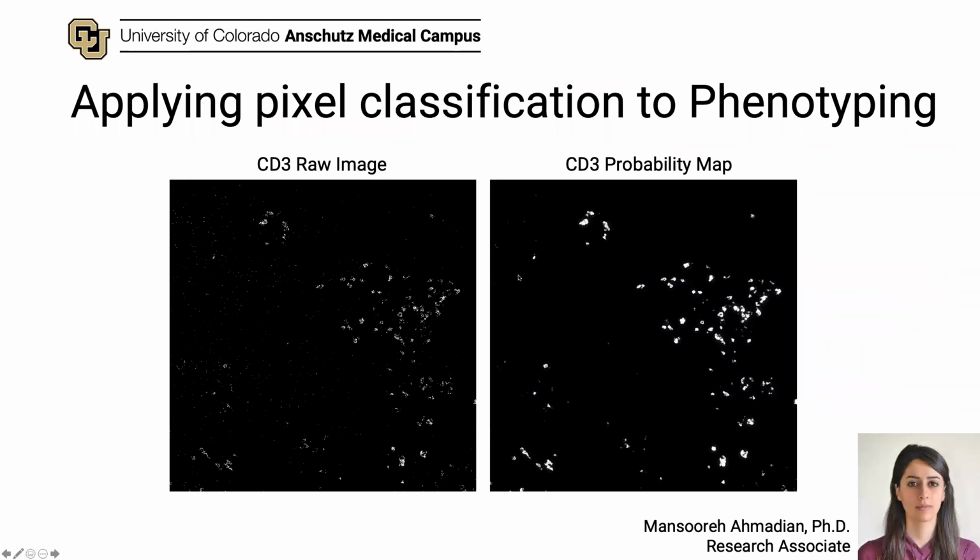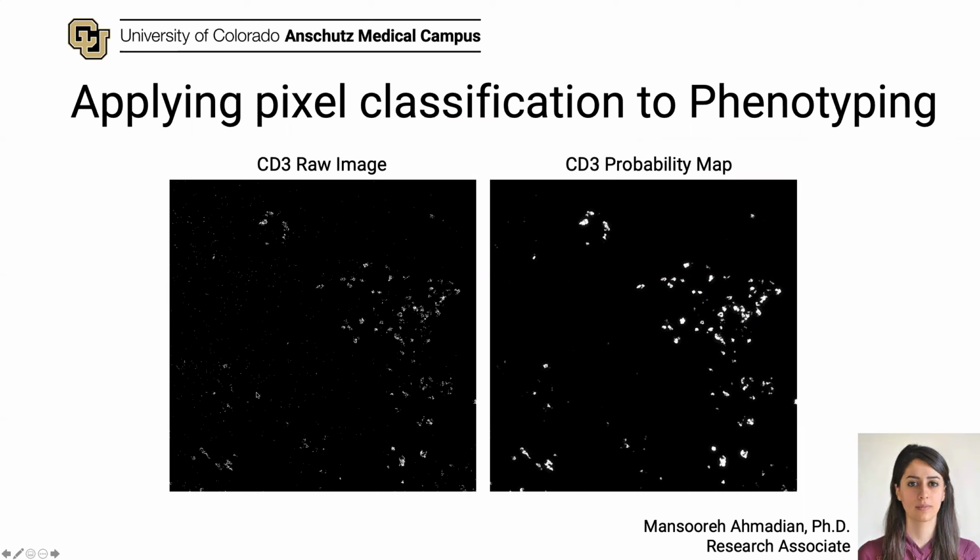And it's really missing the staining for the low intensity markers. So as we were working through these problems, we decided to try applying pixel classification to phenotyping. And Mansouri's really taken this project and run with it on her own. She has a manuscript coming out very soon that we're working on together to describe this workflow and the algorithm that she's developed.